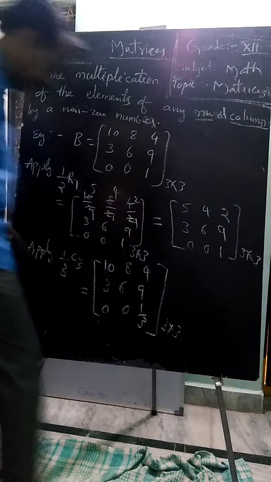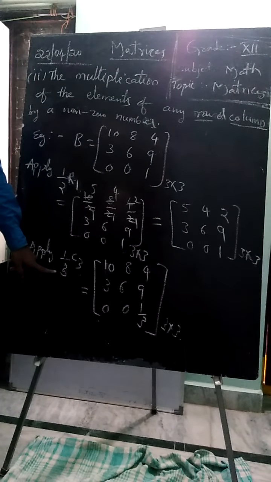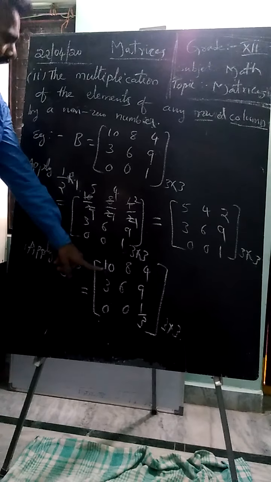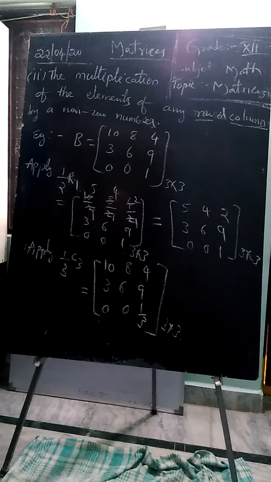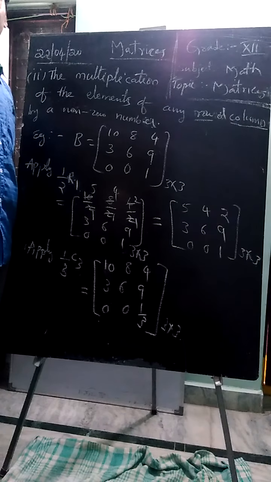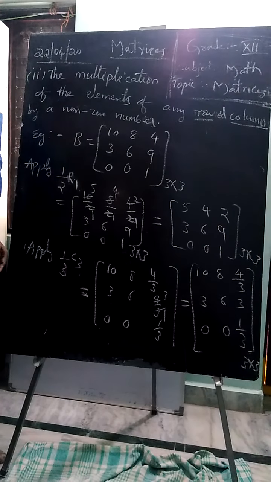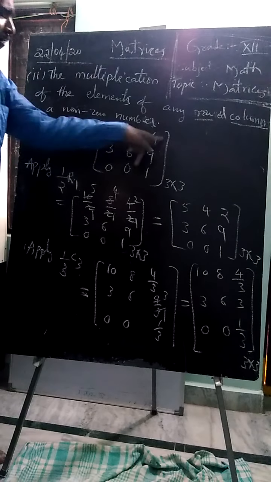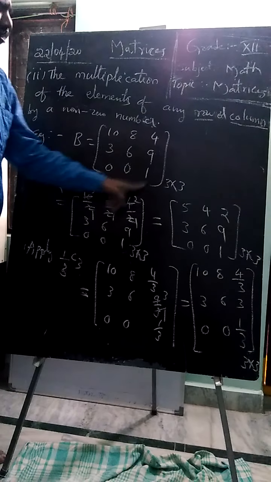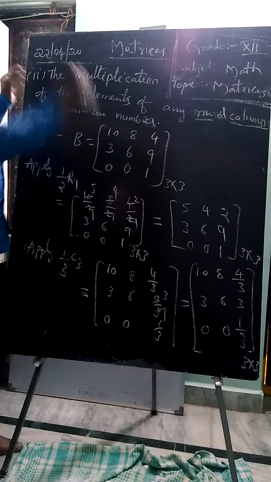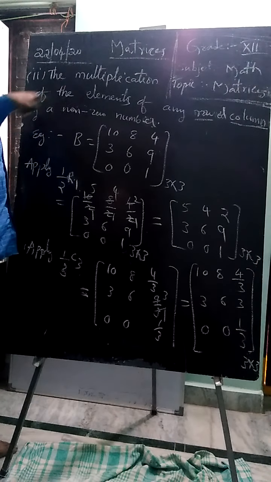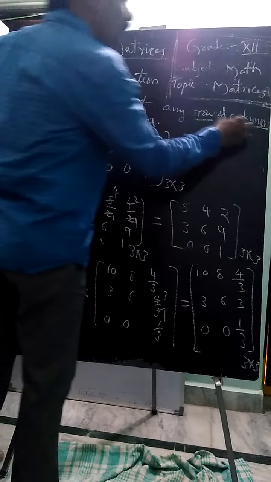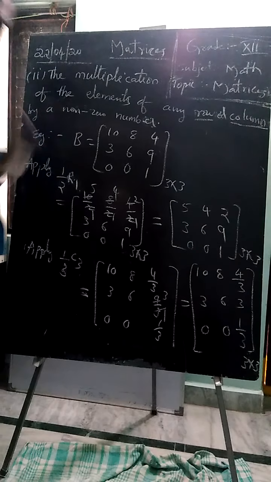Similarly, apply 1 by 3 C3. So C3 means the third column. First let us consider the B matrix as 10 8 4, 3 6 9, 0 0 1, which is of order 3 by 3. We are checking the multiplication of the elements of any row or column by a non-zero number.